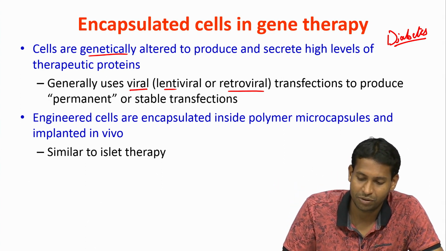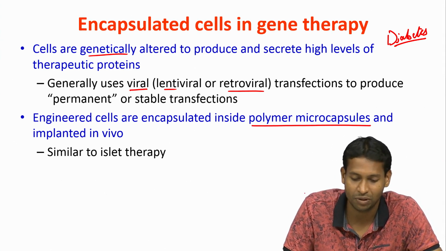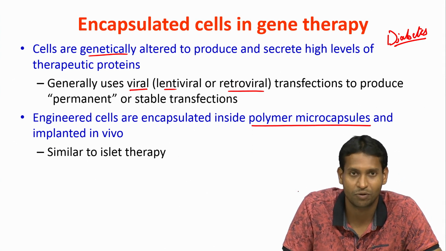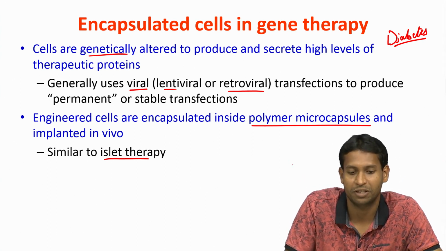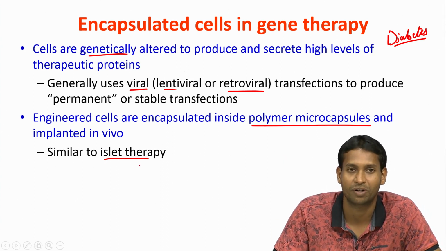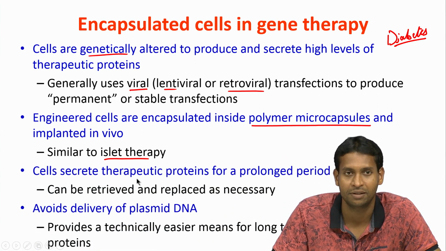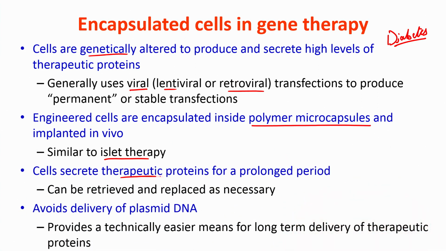The other way is that you engineer these cells, encapsulate them inside a polymer microcapsule, and implant them in vivo, similar to what we discussed previously for the islet therapy. Once you have these cells encapsulated, you can use them for delivery in our body, and they will secrete whatever proteins you want for a prolonged period.